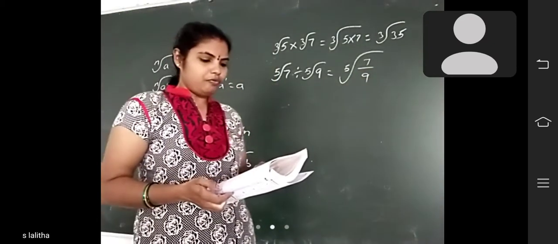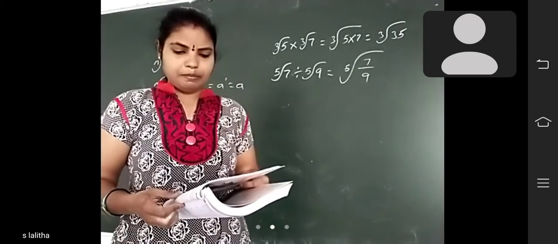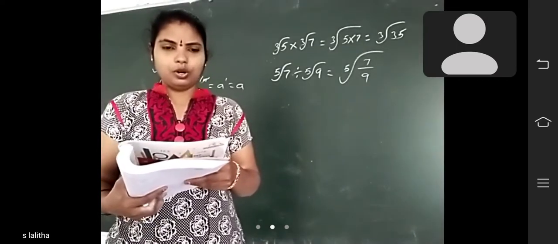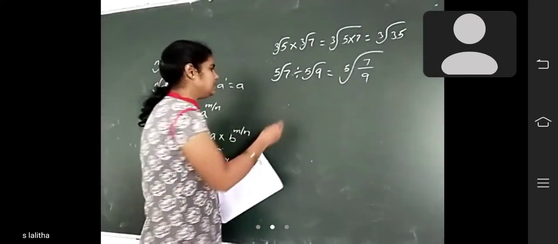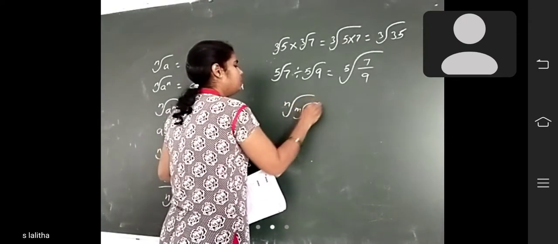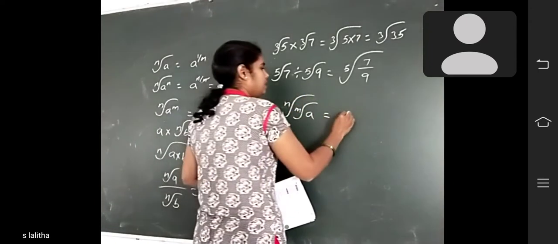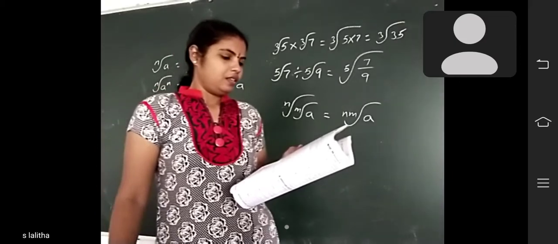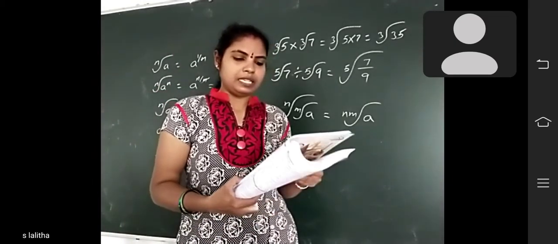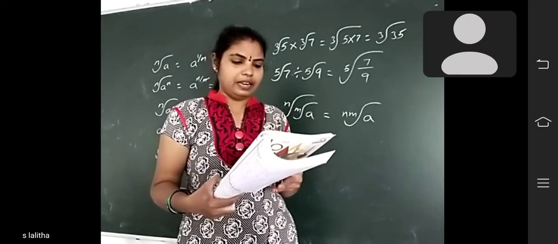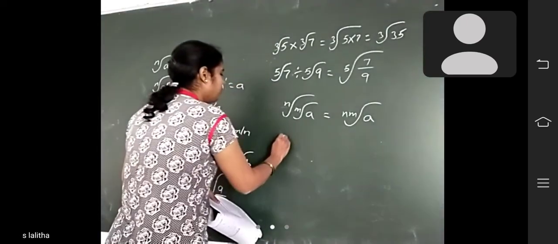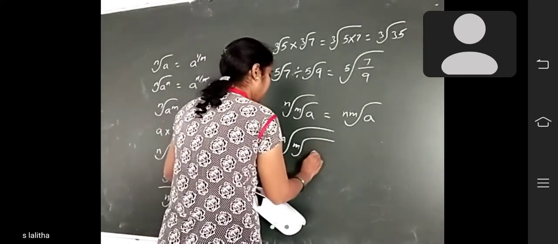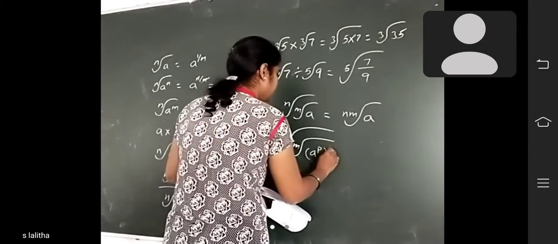If m and n are two natural numbers, then for any positive rational number a, we have nth root of mth root of a is equal to, how can you write this one? Nth root of mth root of a is mn root of a. Next, if m and n are two natural numbers and a is any positive rational number, then nth root of a power t whole power m.